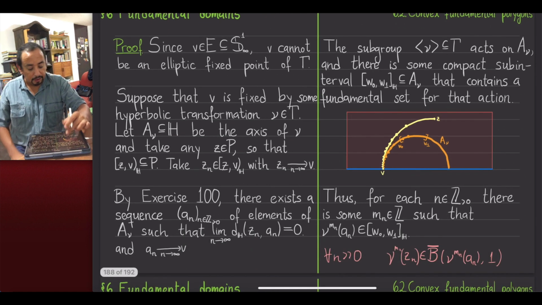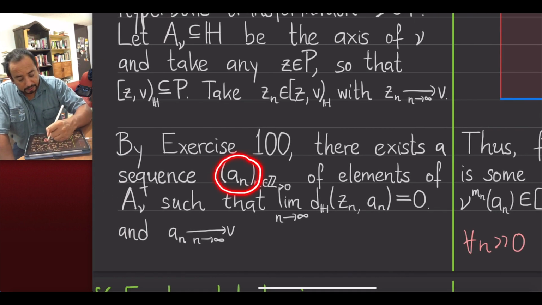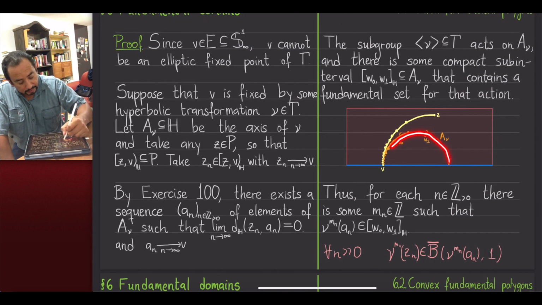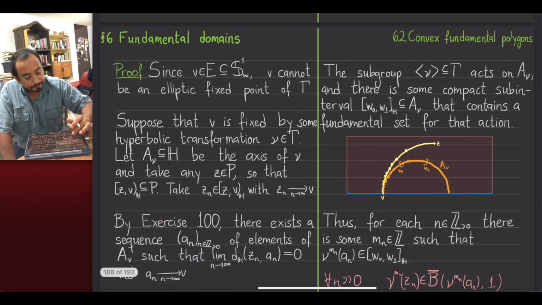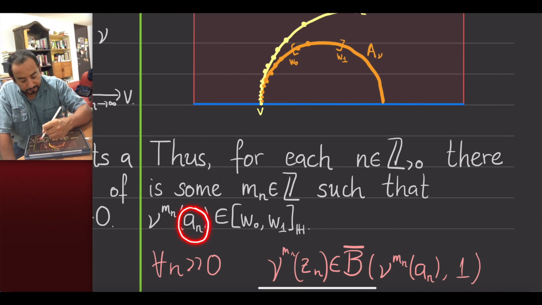And so in particular, if now I take a sequence of points in this axis also approaching V, with the property that the distance between the nth terms of this sequence that I'm about to take and the sequence I already took here goes to 0. Such a sequence exists because of what I said previously. What happens, of course, is that for each member of the sequence, there is a representative inside here, right? And that representative is given by applying to it some power of nu.